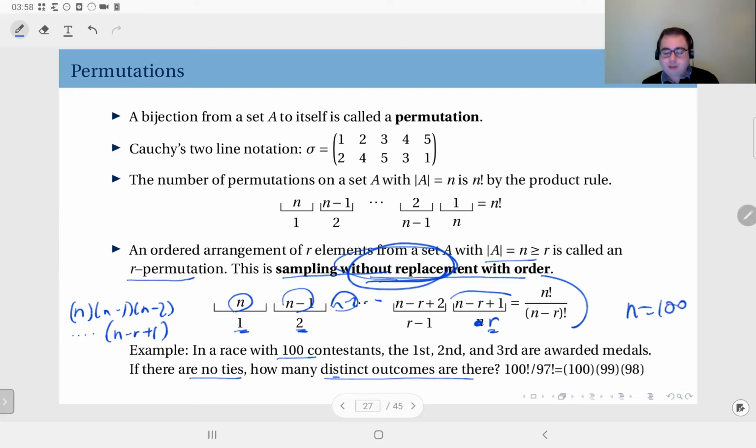Out of 100, I want just 3 elements in an order. I need order because it makes a difference whether a contestant is first or second, because he is going to receive a different type of medal. So the result is, according to this formula, 100 factorial divided by 97 factorial, which is simply this product.